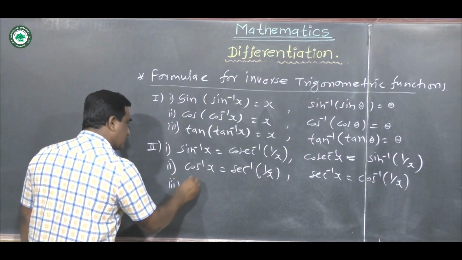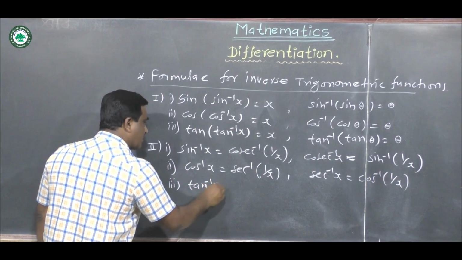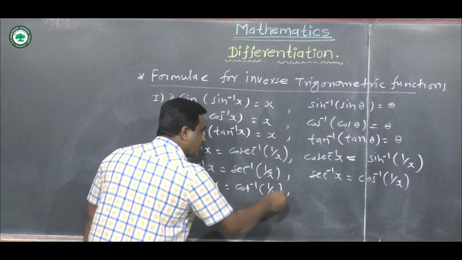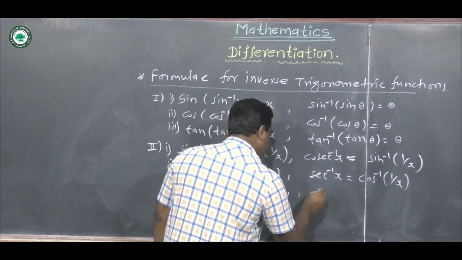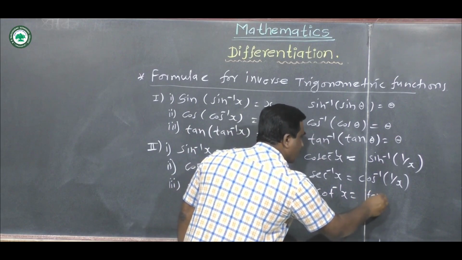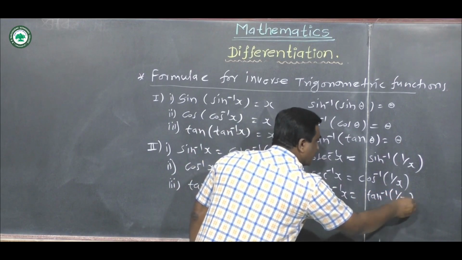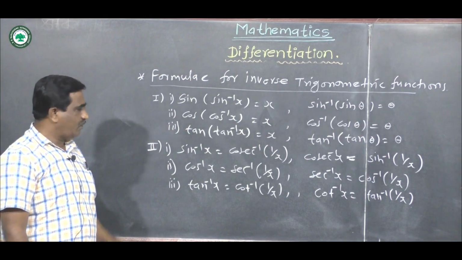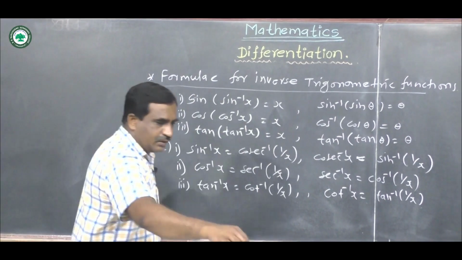Third, tan inverse of x is equal to cot inverse of 1 by x, and cot inverse of x is equal to tan inverse of 1 by x. These are the reciprocal formulas for inverse trigonometric functions.